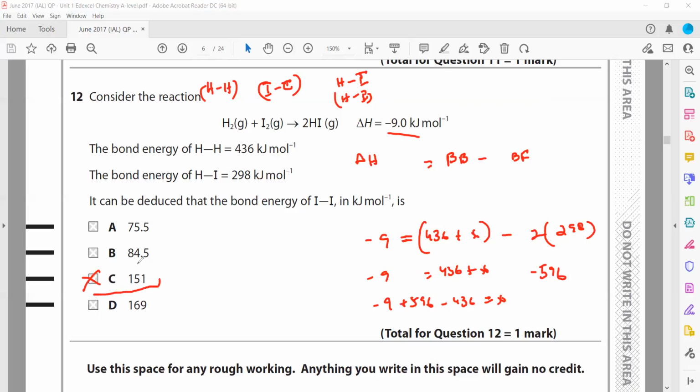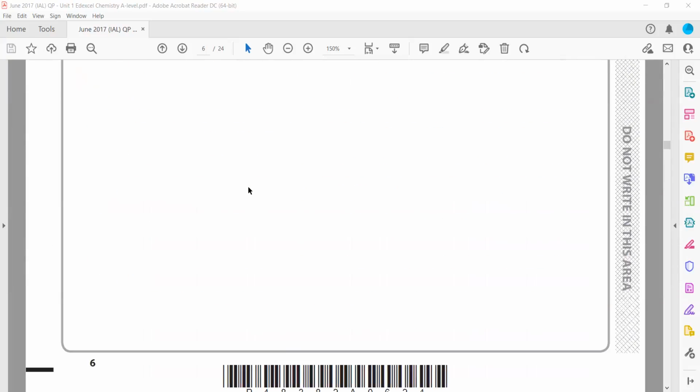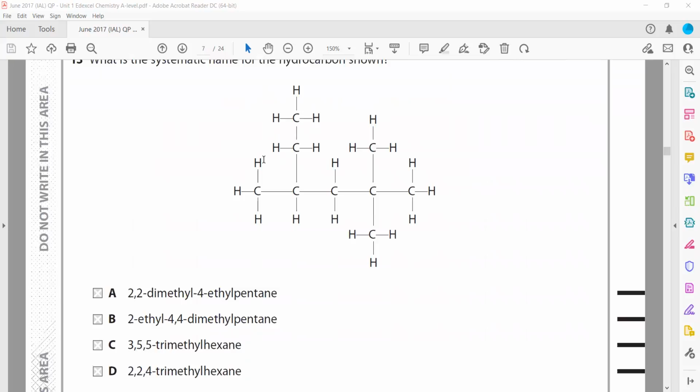So the bond energy for iodine is 151. Is this question clear? It's like an IGCSE question in which you work out the bond breaking and bond forming energy.